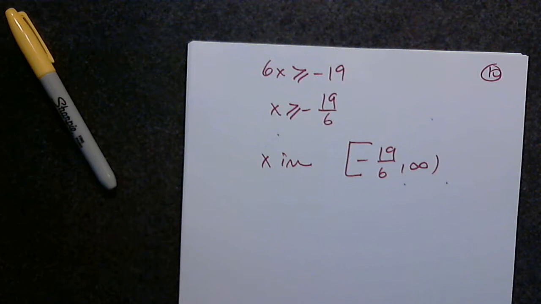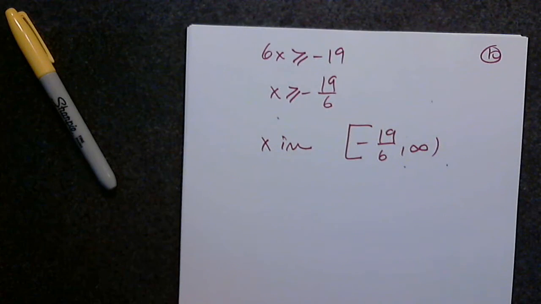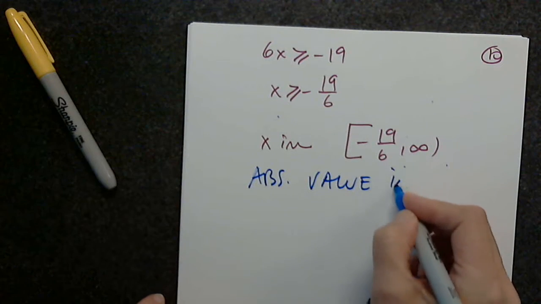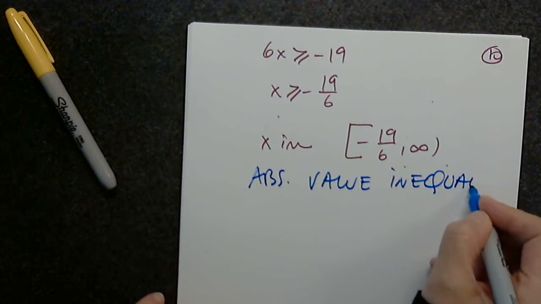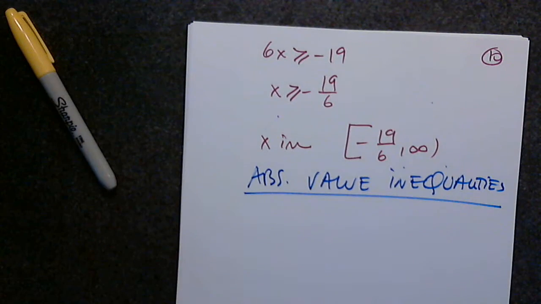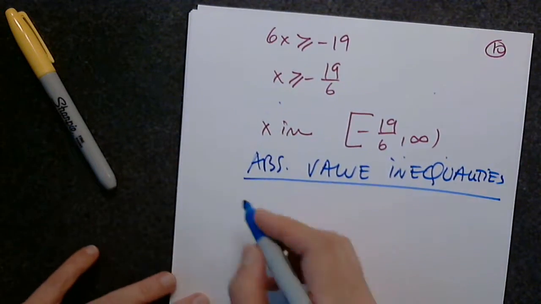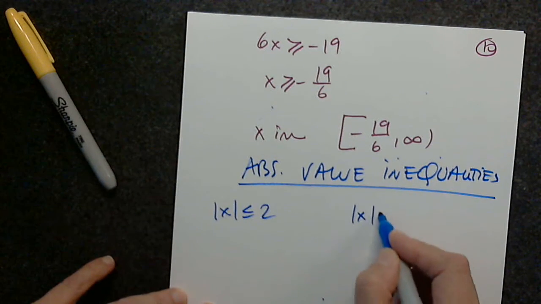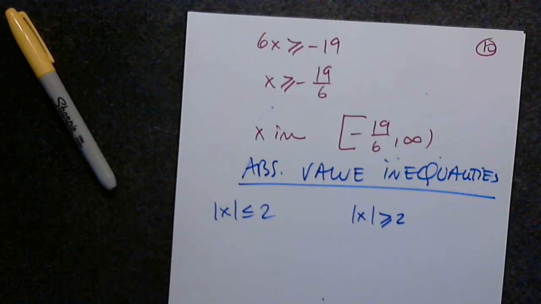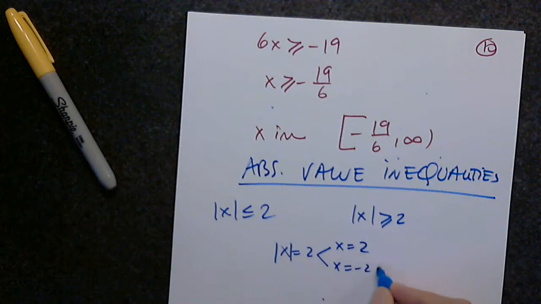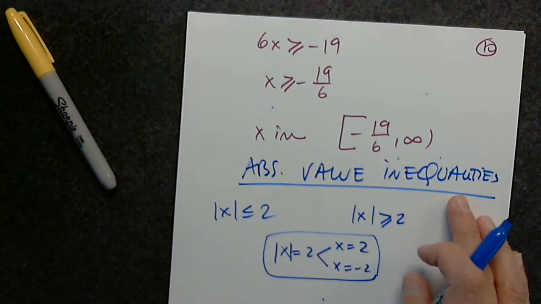Okay, last topic here, absolute value inequalities. Let's go back to that simple example. Remember what we solved a few minutes ago, and you gave me two solutions. But this is not an inequality.